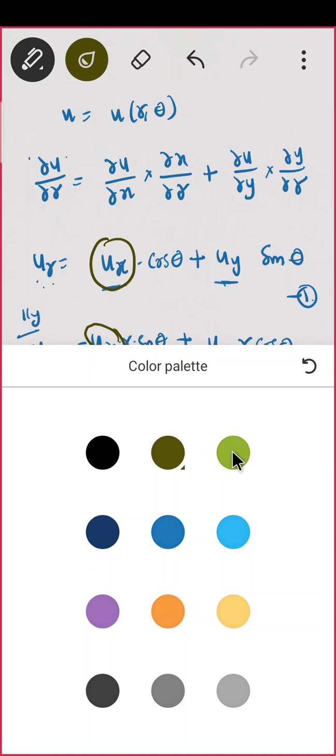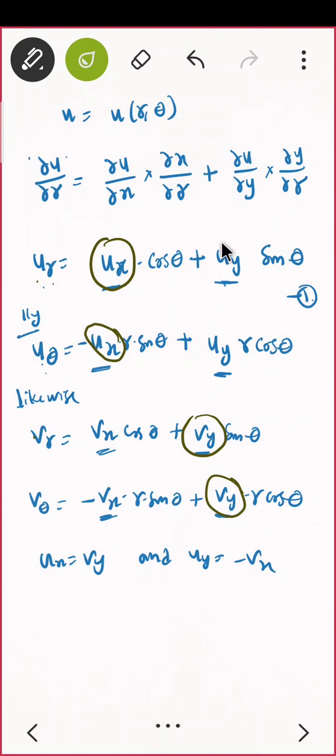And what else? Uy is the same as minus Vx. Try to compare and give a relation. You can write Vr in terms of Ux and Uy.